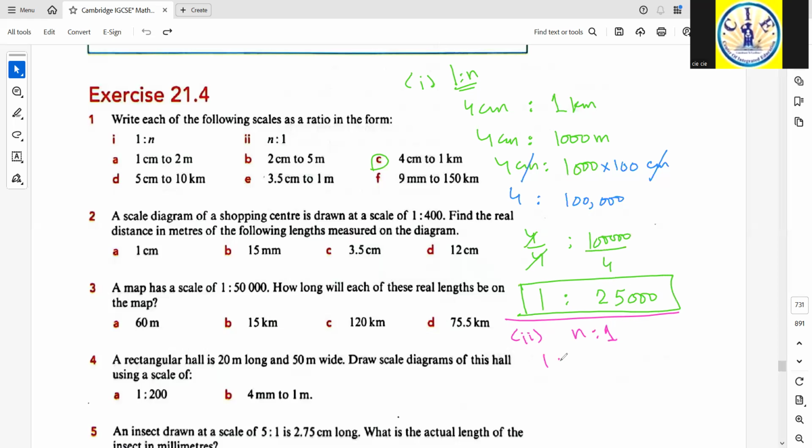So starting it from here, 1 ratio 25,000, dividing it by 25,000 by 25,000. So this would vanish. So this is 1 and this is 0.00004. So that is the form n ratio 1.